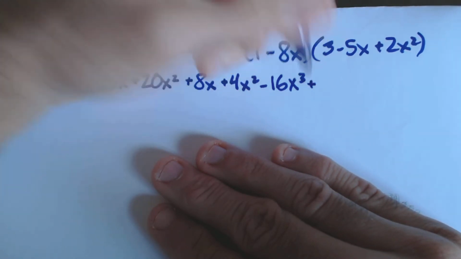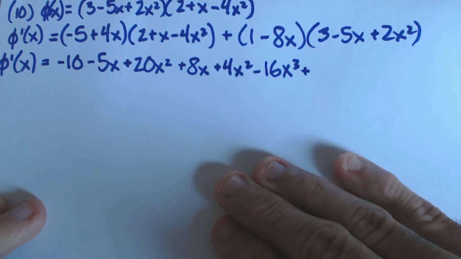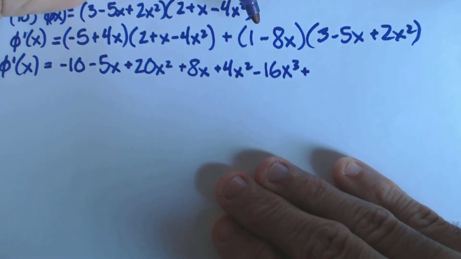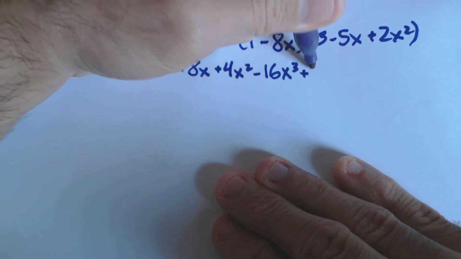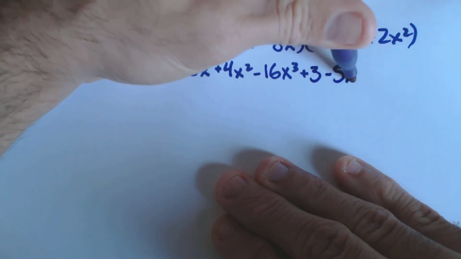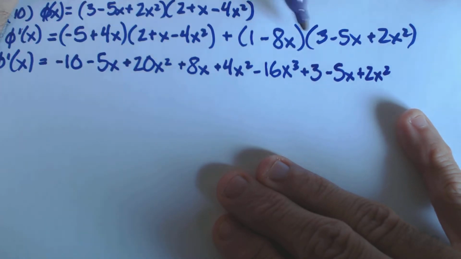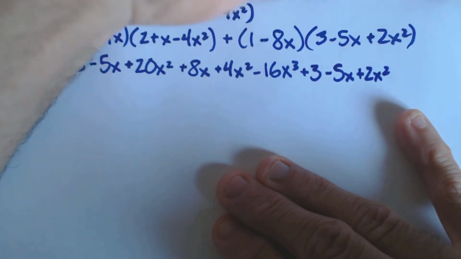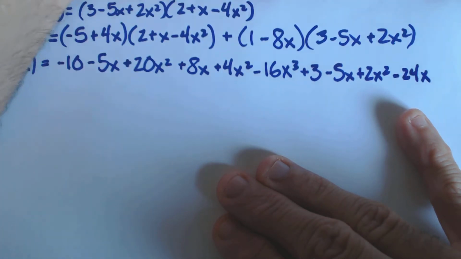Alright, I'm running out of room here. I'm going to have to write smaller. Okay, so we have 1 times this expression here, so 3 minus 5x plus 2x squared. And then we'll multiply it by negative 8x. Negative 8x times 3 is negative 24x.